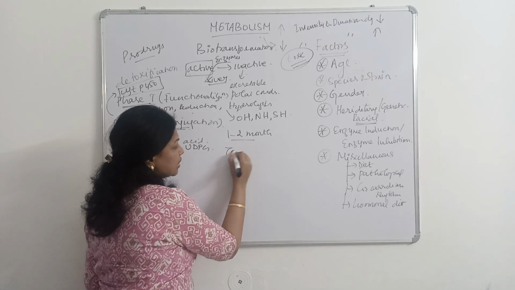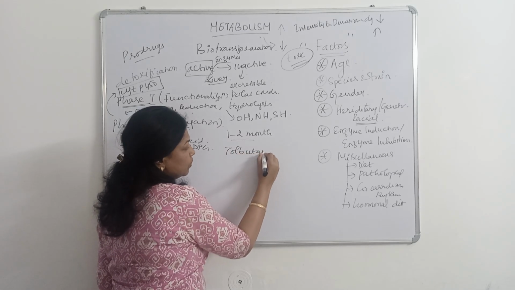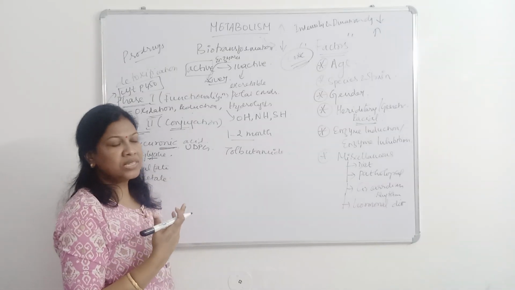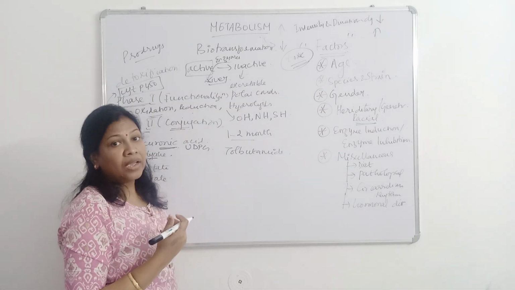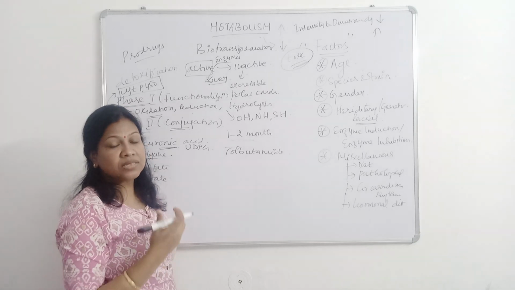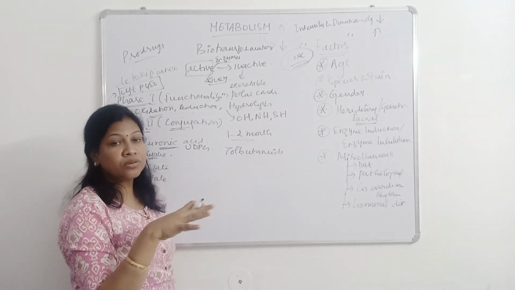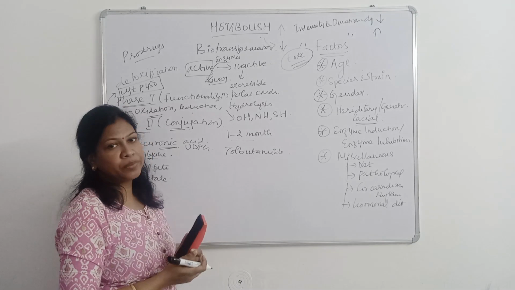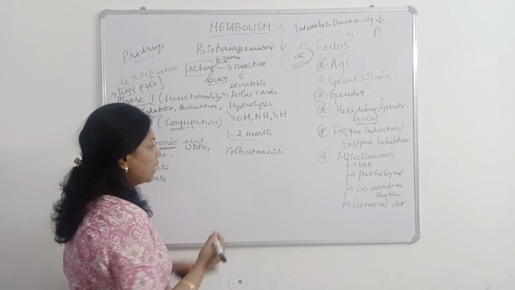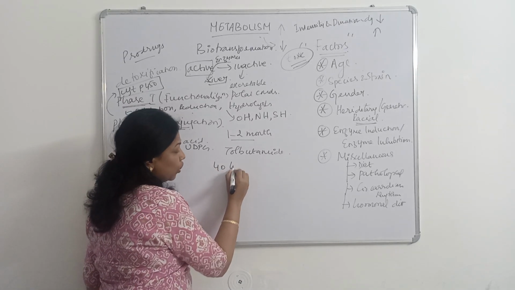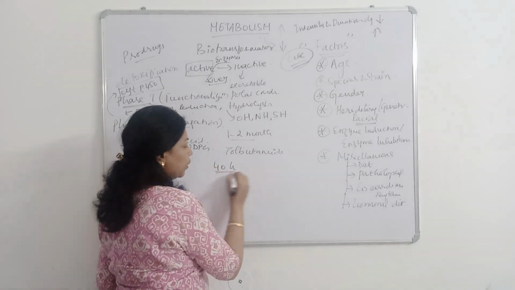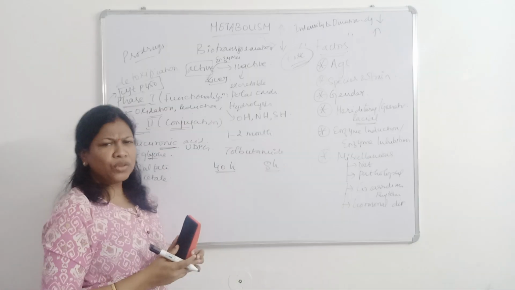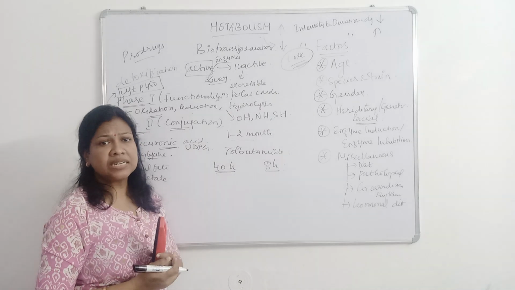Can we have an example for this study about age? An example is tolbutamide. You might know this is used as an anti-diabetic drug, and there are some diabetics among newborn babies also, which is known as juvenile diabetes. For juvenile diabetes, this tolbutamide will be prescribed, which has a half-life of about 40 hours in the case of a newborn, whereas in adults it is just 8 hours. Why has this half-life been increased?